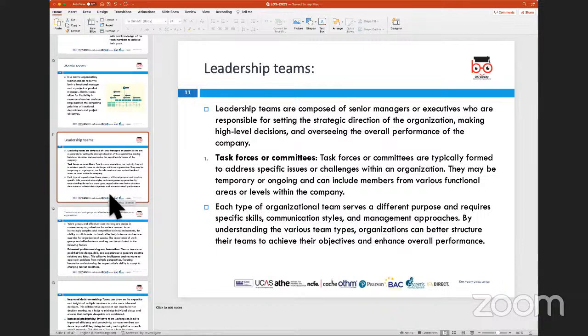Although it is headed by Elon Musk, who's the chief executive, at the end of the day, there is a board in that organization, and they are made up of senior management members, and they are responsible for taking high-level executive decisions, which are looking at managing the overall performance of the company.